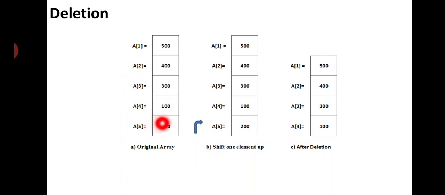Now I want to delete element 200. Okay. So when you delete, this 200 is deleted. Suppose if you delete the middle element, it rearranges the elements. Here I am deleting the last element. So it displays A of 1, 2, 3 and then 4.